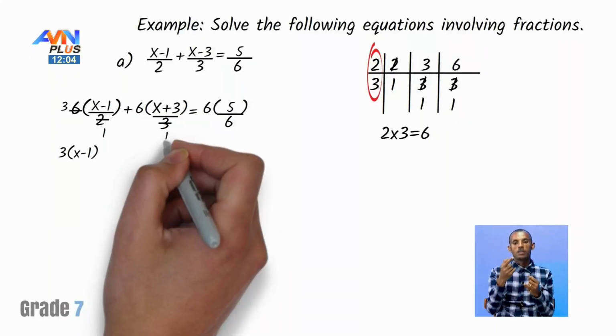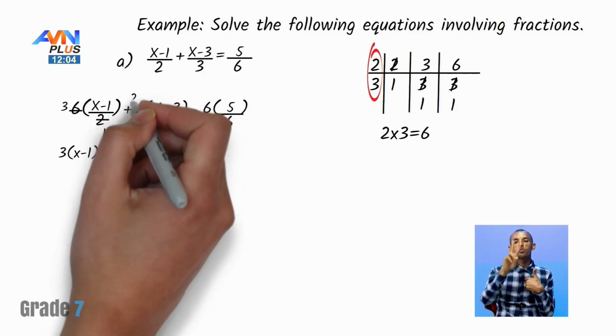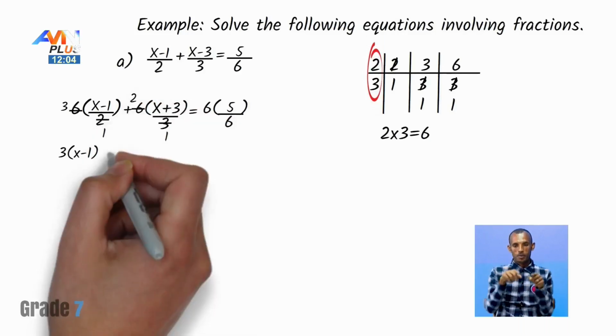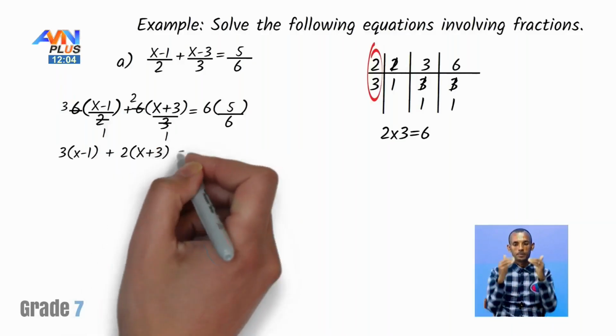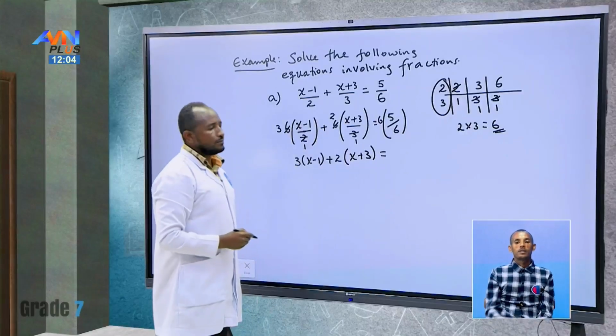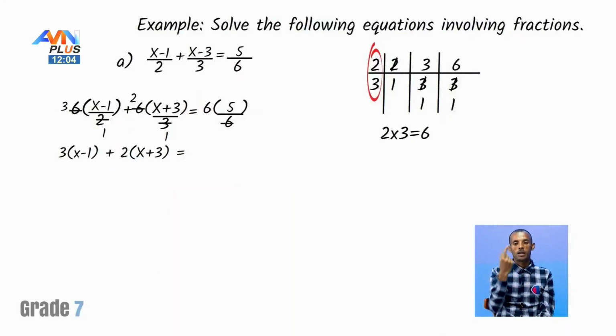When you divide 6 by 3, you have 2. So you have 2 into x plus 3 is equal to, you can just simplify this, 6 by 6 is 1. You have 5. So you have this expression.